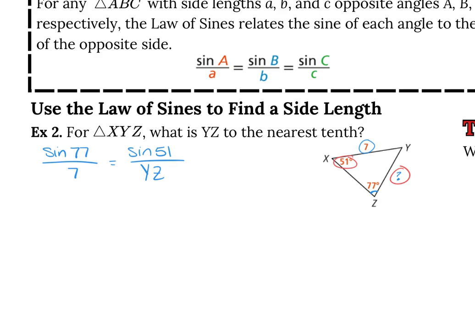To simplify this, we cross multiply. YZ sine 77 equals 7 sine 51. Divide both sides by sine 77.